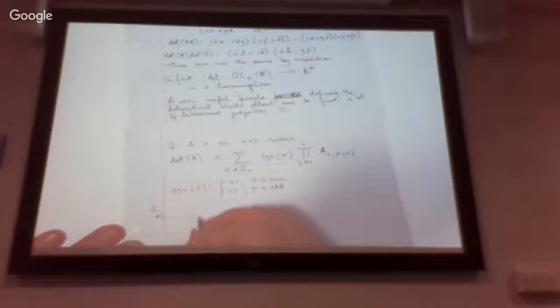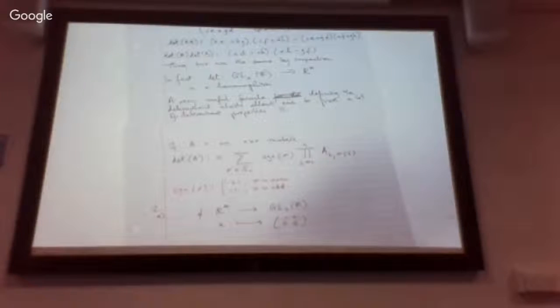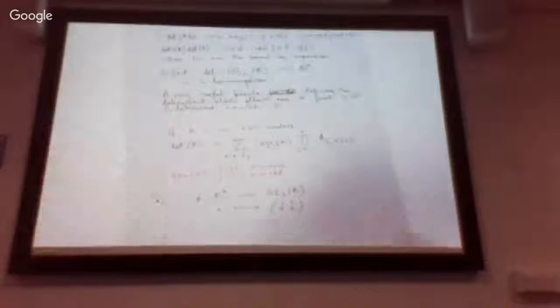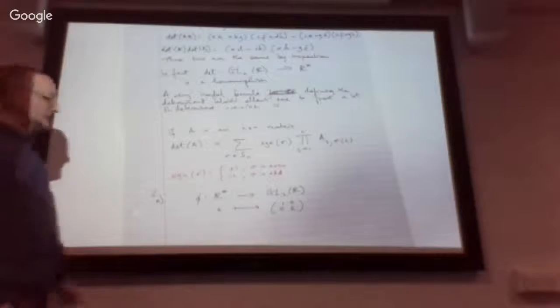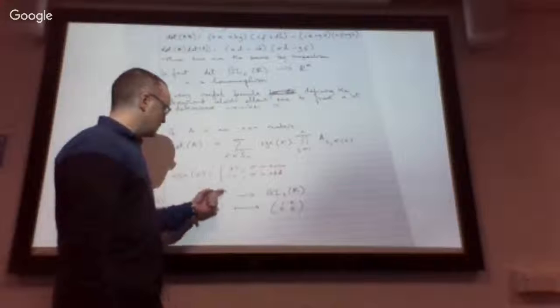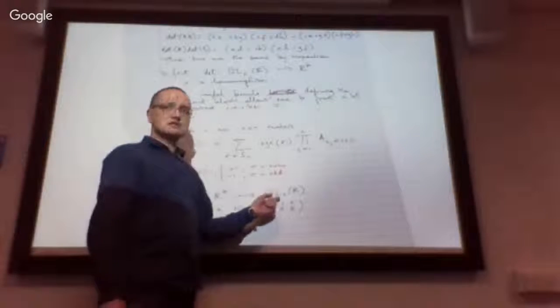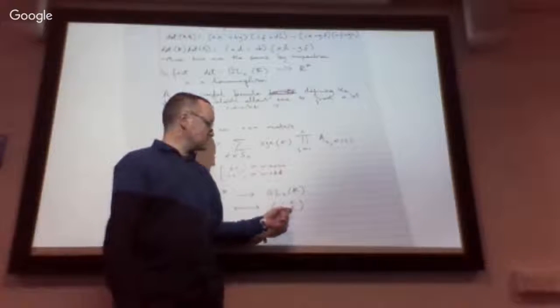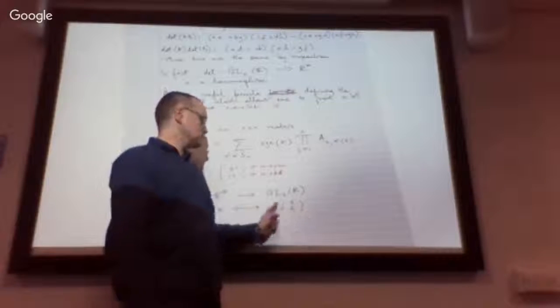The first one, we've got a phi from the non-zero real numbers to GL2 R, and you send the number A to the matrix with rows (1, A) and (0, 0). First of all, we recognize that it is, as claimed, a valid map from R star to GL2, because if you have a non-zero number A here, what's the determinant of this matrix?